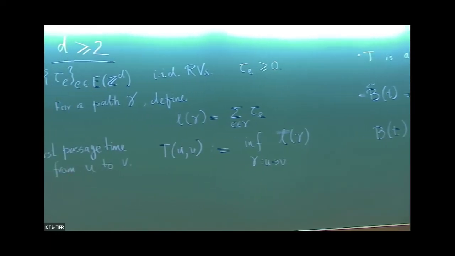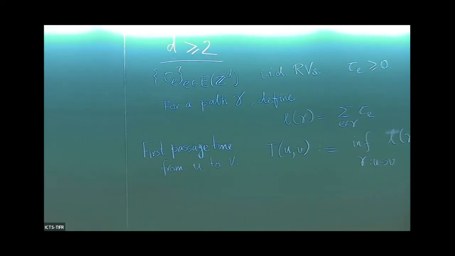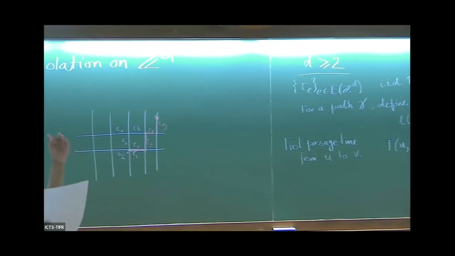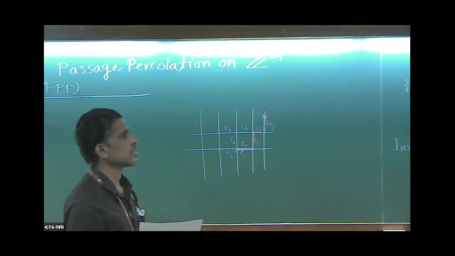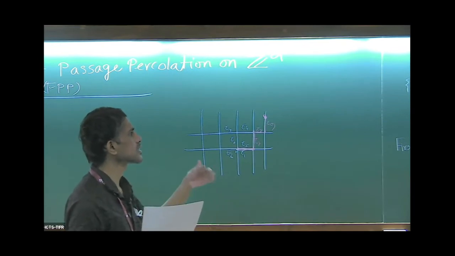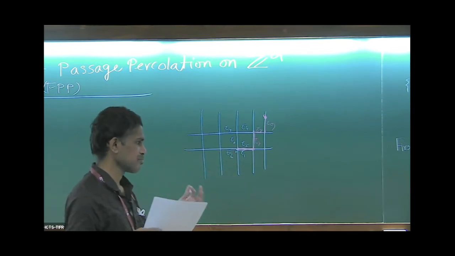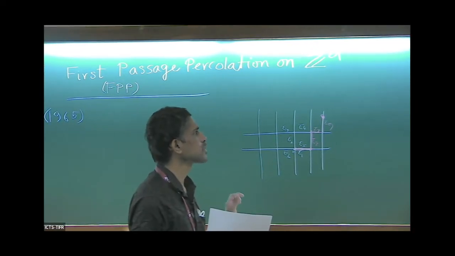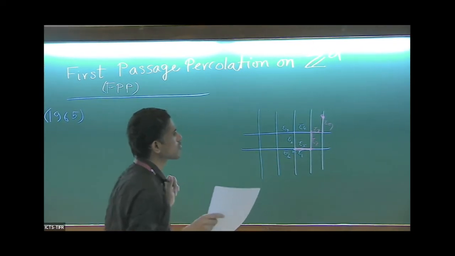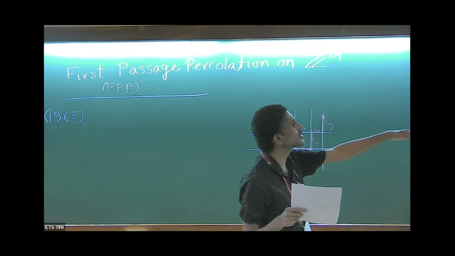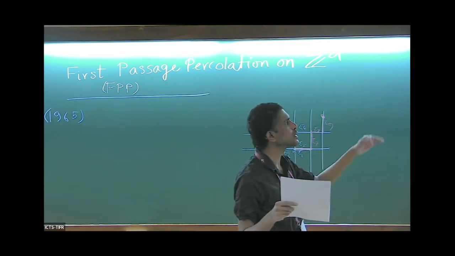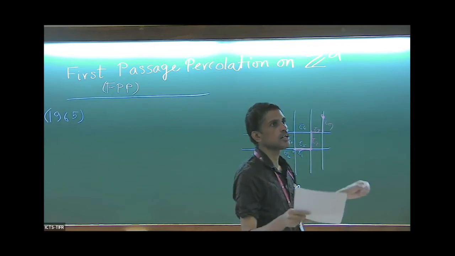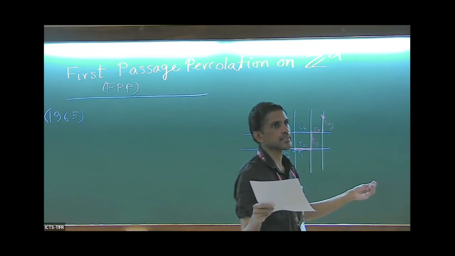The reason I do this is because eventually we want to talk about limits of these balls. So we want these sets to be subsets of R^d with non-empty interiors to start. You should think of this definition of B as simply extending the definition of the first passage time to all pairs of points in R^d.